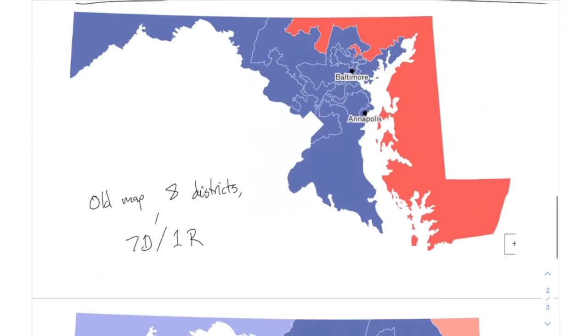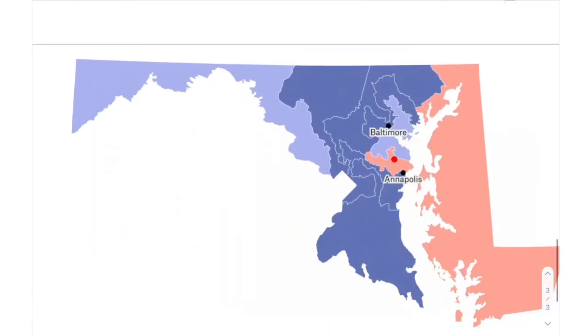In the existing map as it is now, I'm not an expert in Maryland politics, but from what I gather, the Democrats have no hope of winning this region. So what they did, which is, I suppose, a bit of a gamble, is break this region up. They created two regions which are technically majority Republican, but they're going to try to win them both.